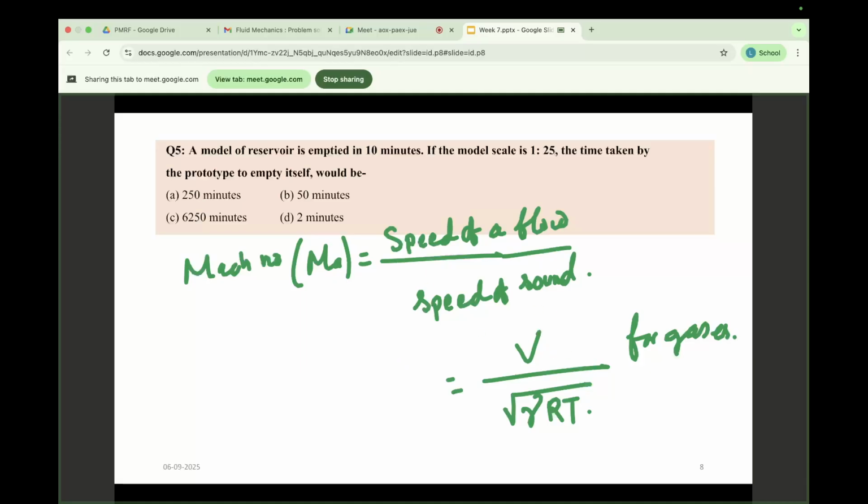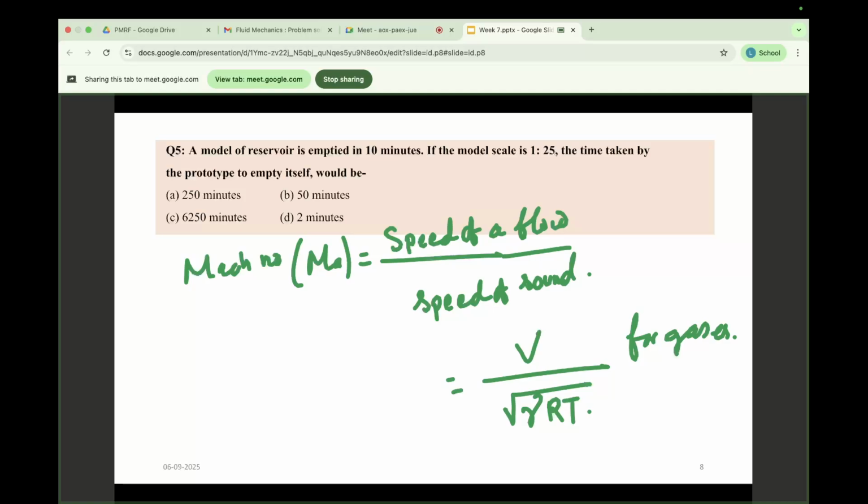So why is this thing necessary? This thing is necessary to check whether this is a compressible flow or not. Or say, sometimes you have heard about jet flight. If it is moving, it will create some sound, noise is coming. Why is this noise coming? This is because of this high speed flow.